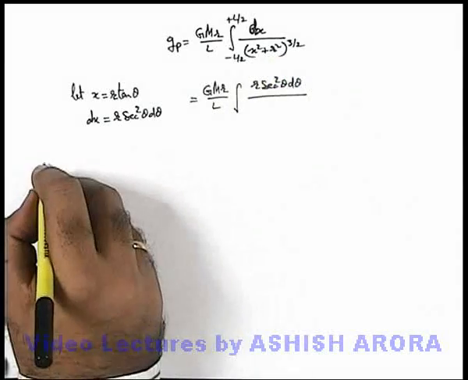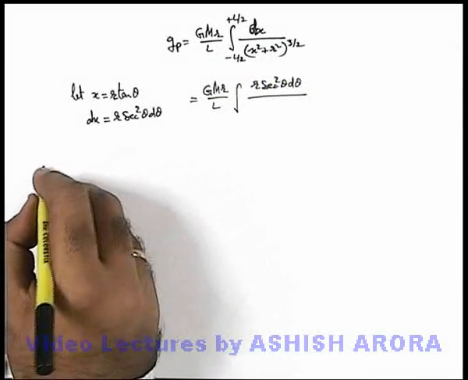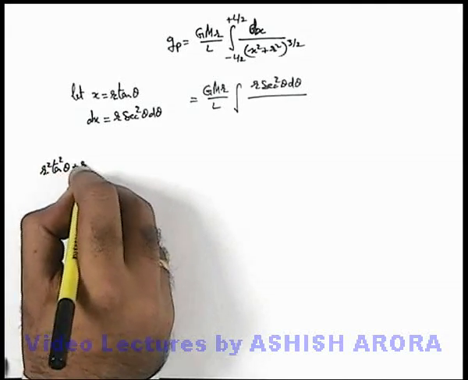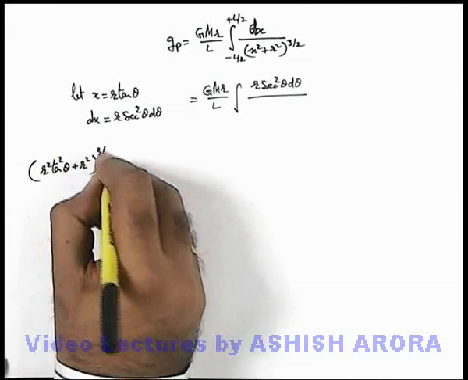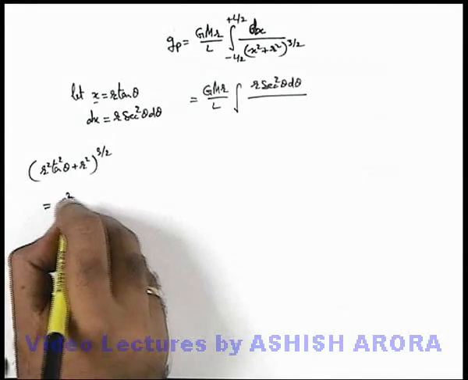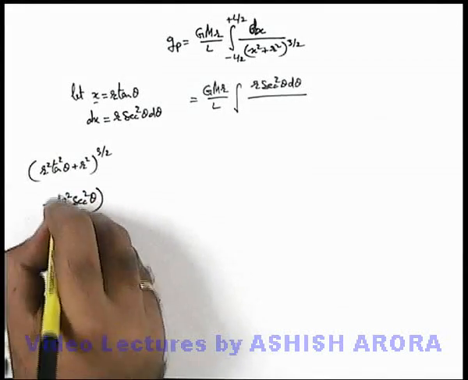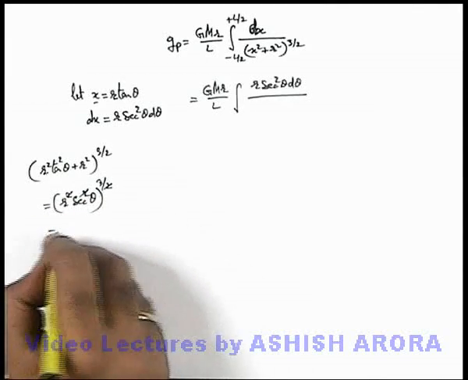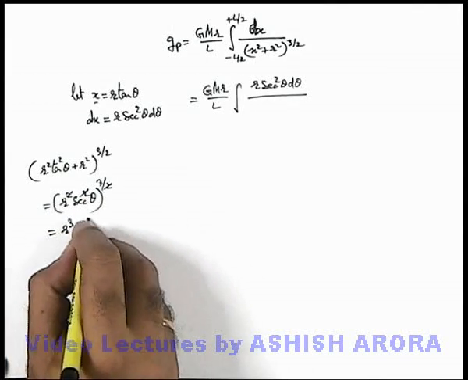So it is r square tan square theta plus r square, to power 3 by 2. If I substitute the value of x here, this will be r square sec square theta to power 3 by 2. Here the 2 gets cancelled out and we get r cube sec cube theta.